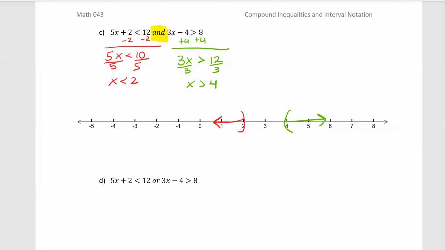The compound word is and. We're looking for an overlap. And since there isn't an overlap, the answer is no solution.